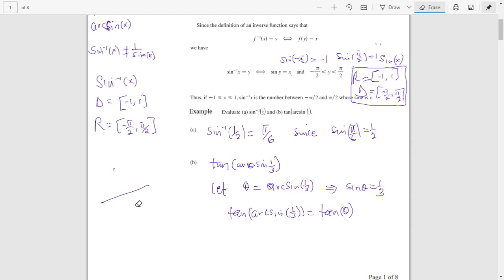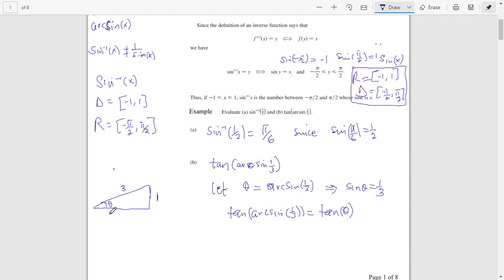I should draw a better diagram. A right angle triangle that looks like this. We are just going to manage with what we get. This looks somehow good. Yeah. So if theta is here, the definition of sine is opposite over hypotenuse. I'm going to have 1 here over the hypotenuse, and I have 3 here.